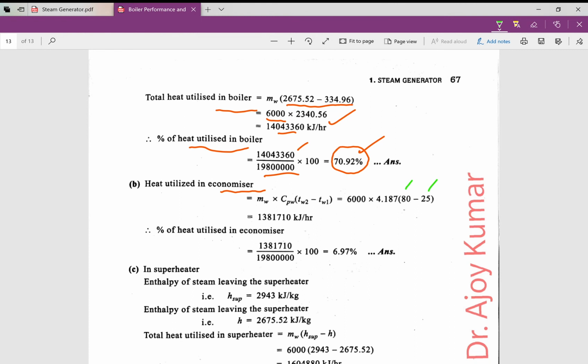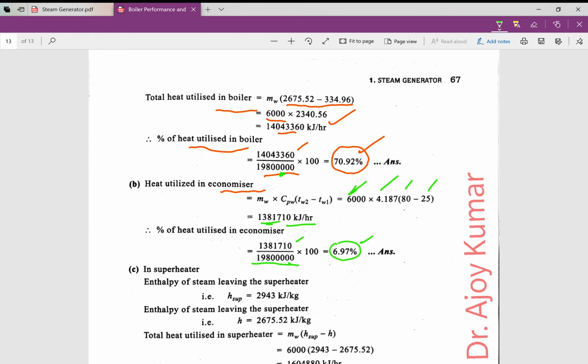Inlet, outlet, value of CPW, and this is your mass of water supplied. So this much amount of heat is utilized in the economizer. And then for percentage, put this value in the numerator and in the denominator MF into CV and get it. So students, see, in the economizer only 6.97%.